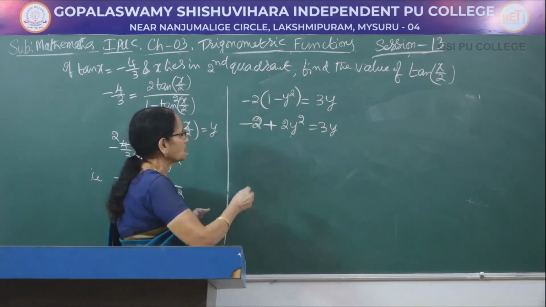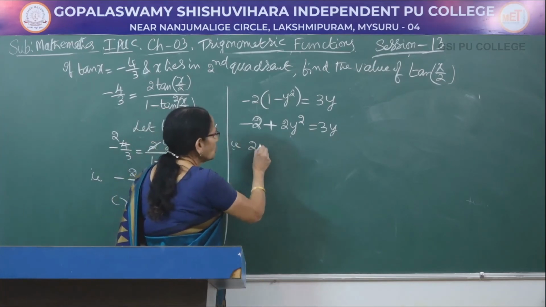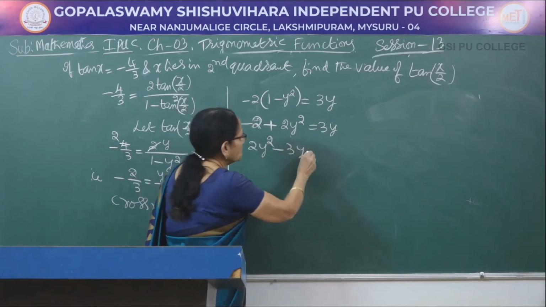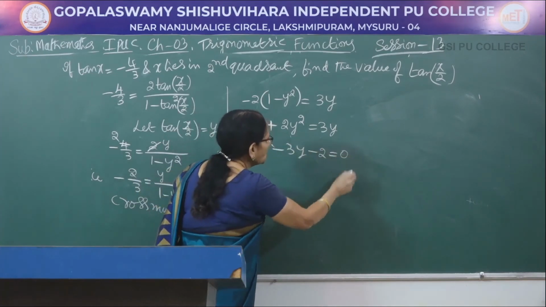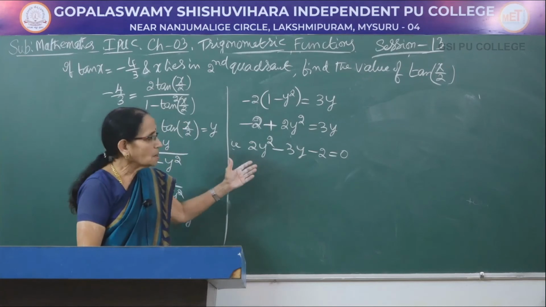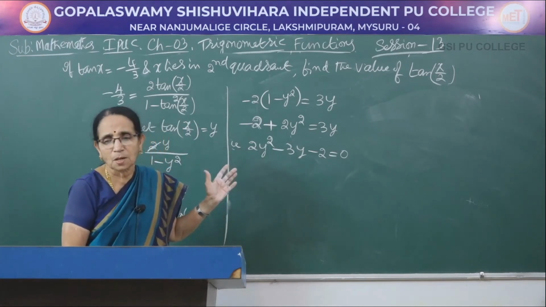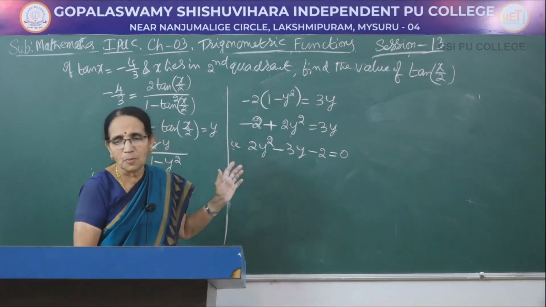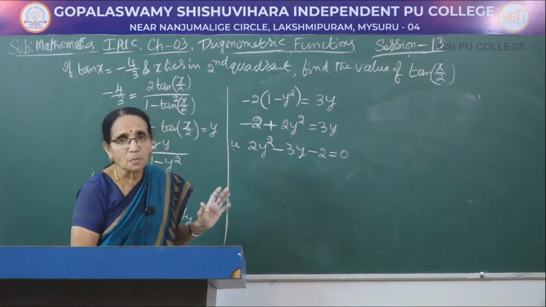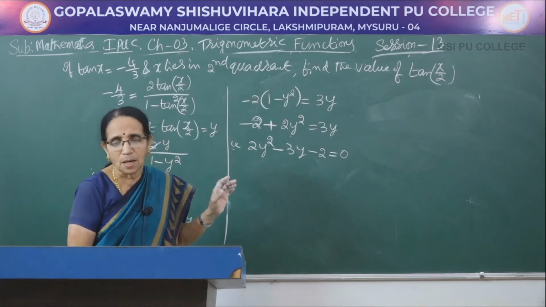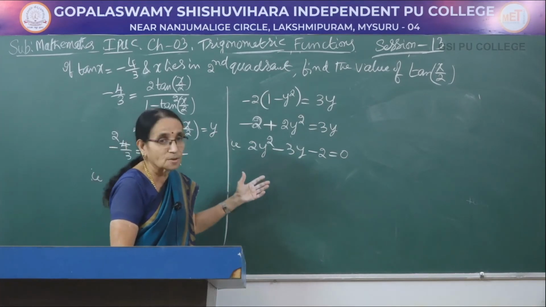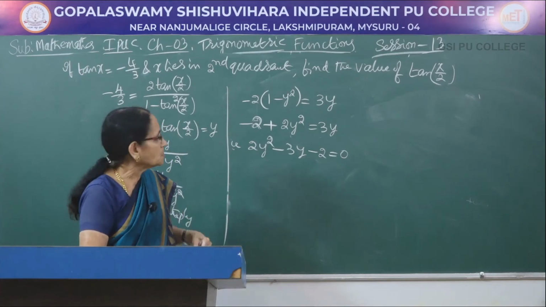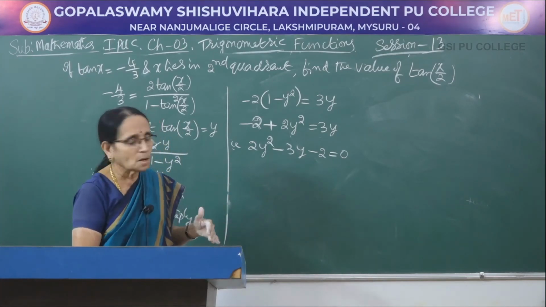Now, write in the proper order, that is 2y square. Take that 3y to the left hand side, and this minus 2 you write as it is. Look here, what type of equation we have got here? It is 2y square minus 3y minus 2, which is nothing but a quadratic equation in y, isn't it? Quadratic equation in y. What is the usual procedure we adopt here to get the value?